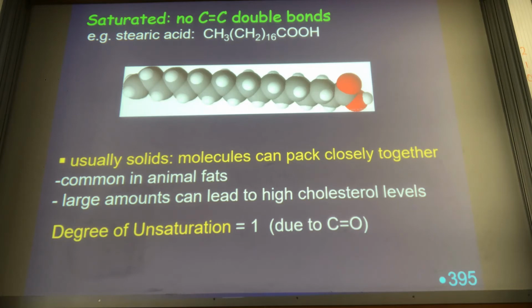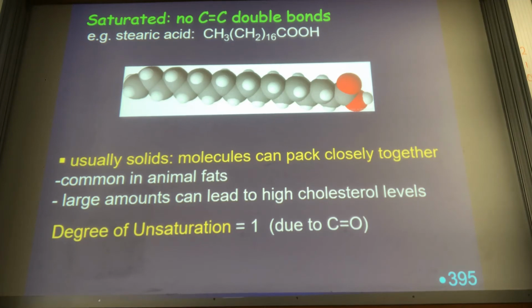If we look at the formula, we would see that it has got a degree of unsaturation of 1. Chop off the 2 oxygens, you end up with a molecular formula for this one of C18H36.